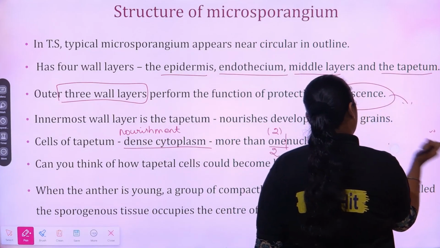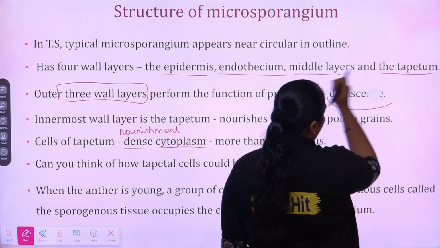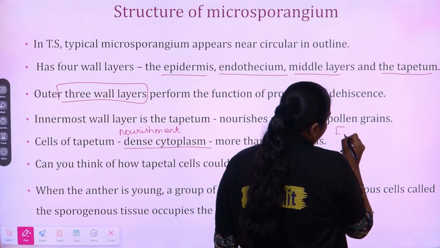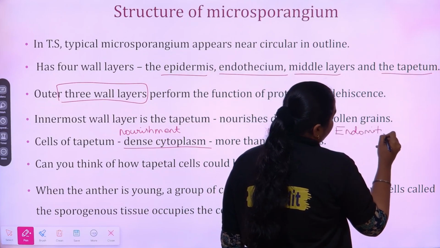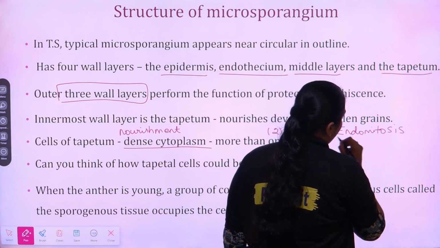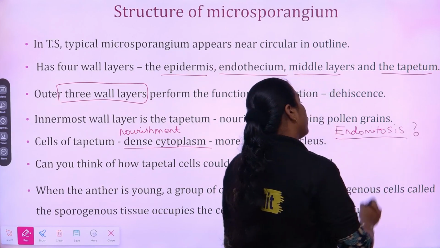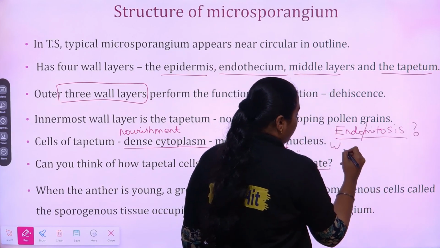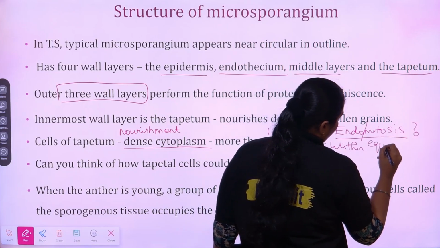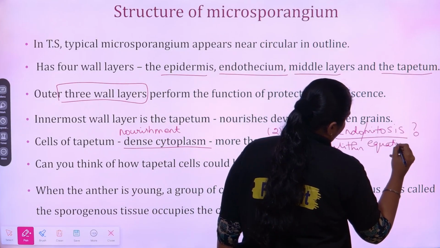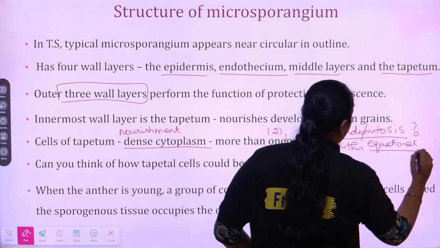Let me explain it here. What is endomitosis? Endo means within. Mitosis is equational division, equal division, right?